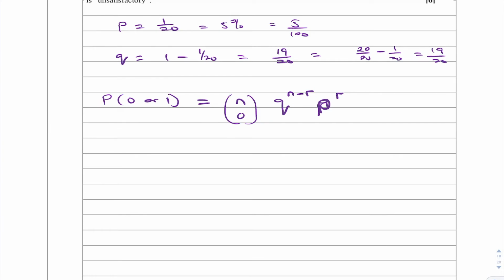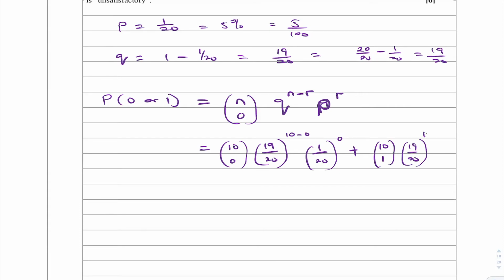Now, what we need to do is to find a binomial distribution, in this case, for n is 10 and Q is 19 over 20, which is 10 minus 0, and 1 over 20 to the 0, plus 10 combination 1, which is 19 over 20 to the 10 minus 1, and 1 over 20.